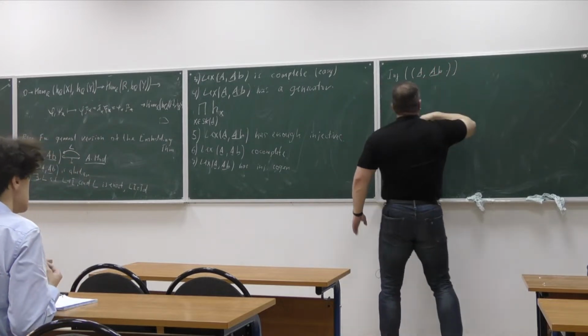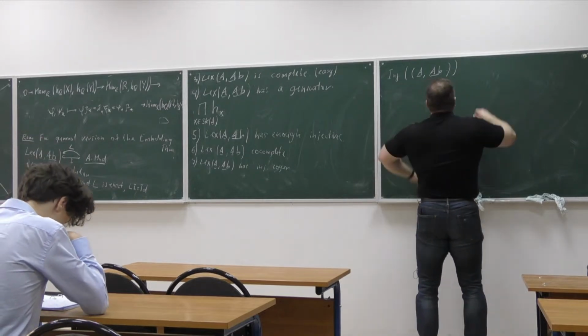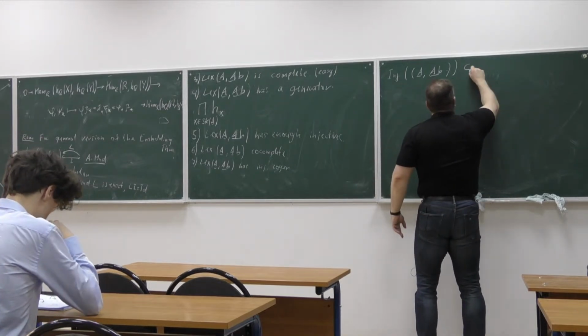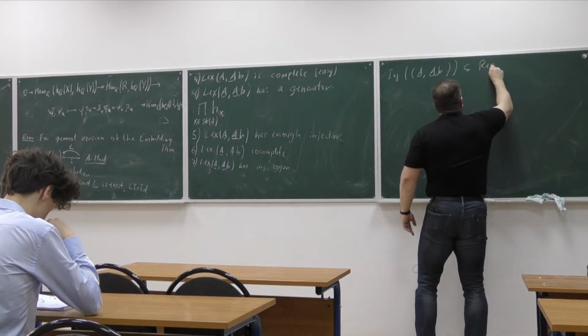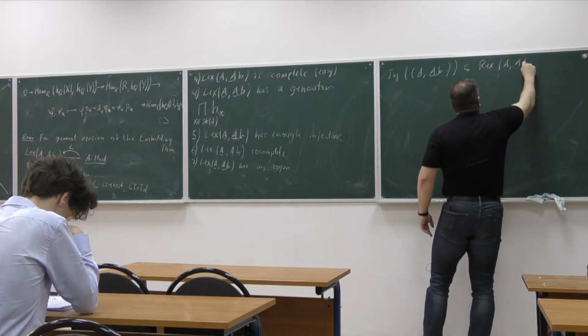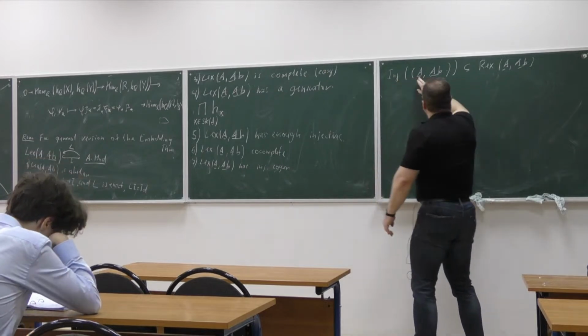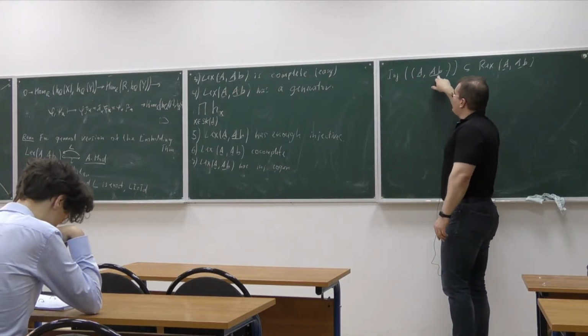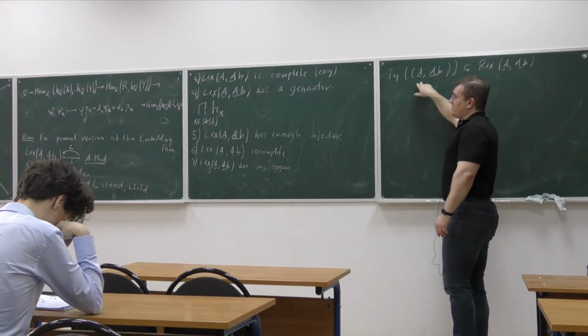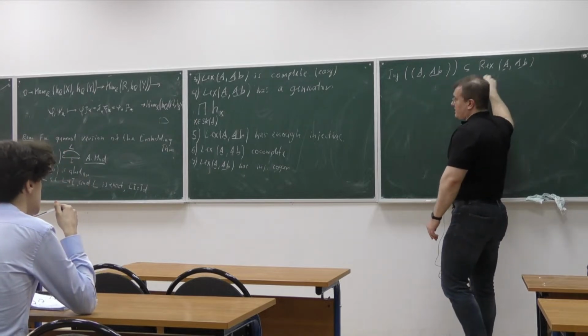We assume that A is an abelian category. Then this is contained in the right exact functors from A to the abelian groups. So in other words, any functor from A to abelian groups which is injective in this category is actually right exact.